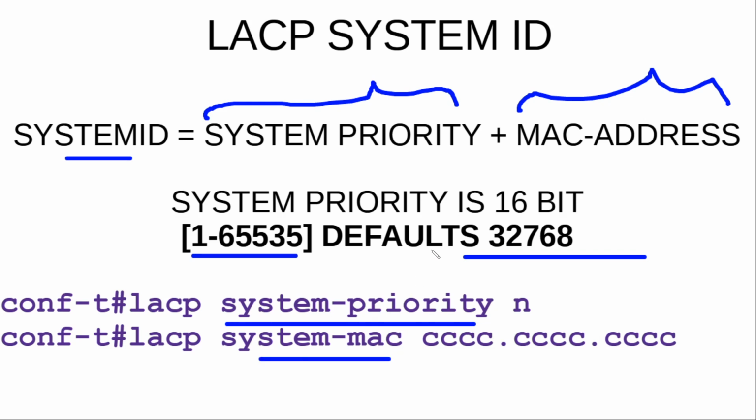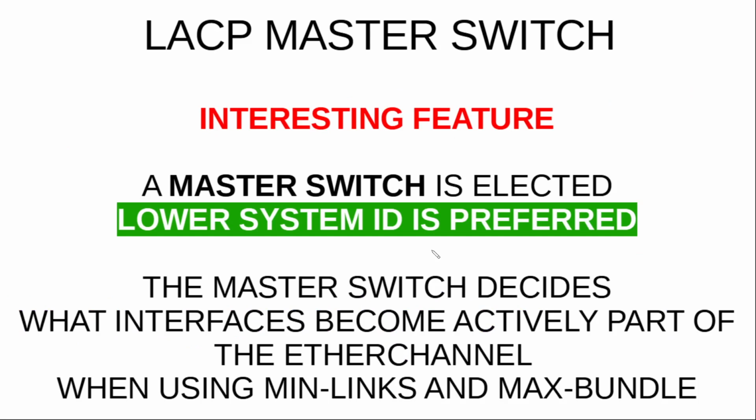The system ID is used to define which one of two devices becomes the master switch. The master switch is used to select which interface becomes hot standby when using max bundle. So as a summary, the master switch takes some decisions about some LACP features. The lower system ID is preferred.